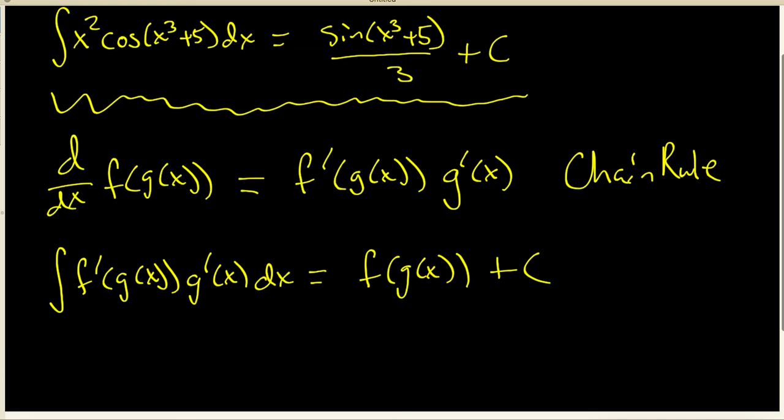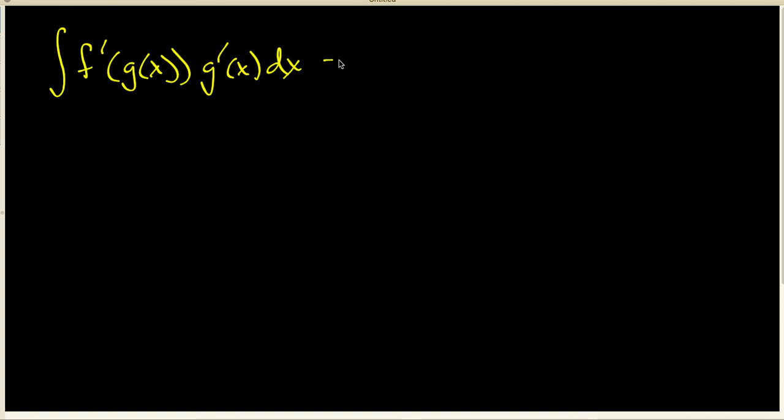So I want to start off by looking at an antiderivative. The easy case: if I have the antiderivative of f prime evaluated at g of x times g prime dx, I already know what that's going to be, but I want to formally look at some notation.